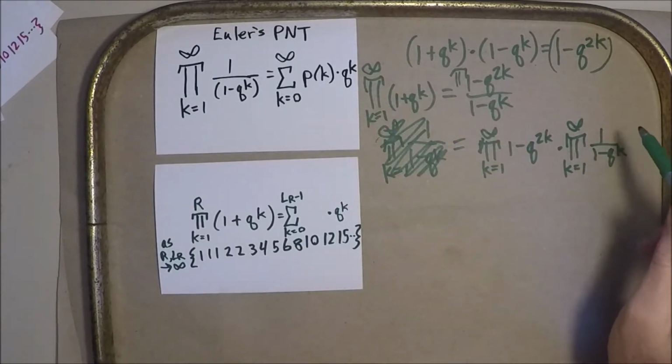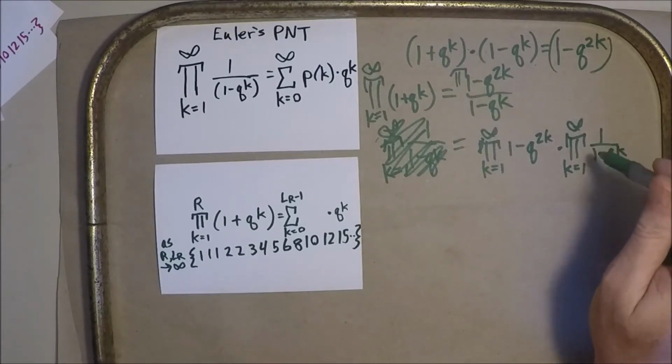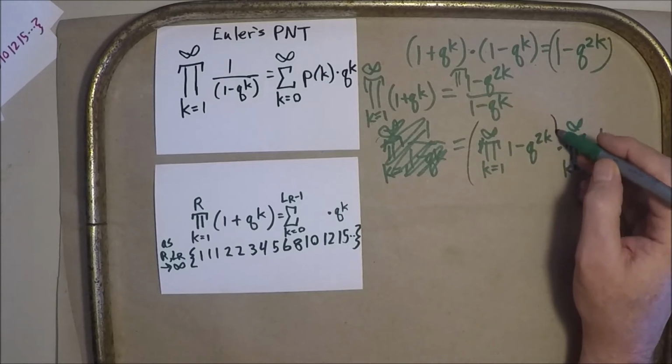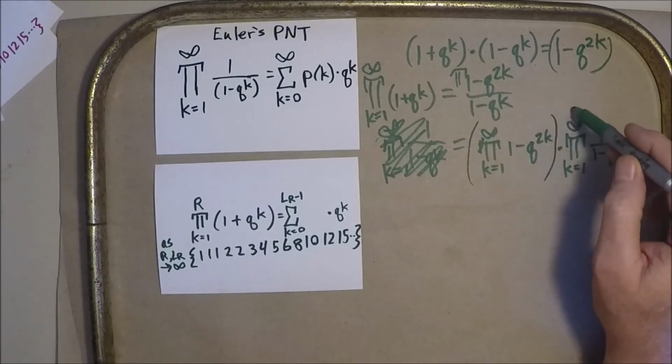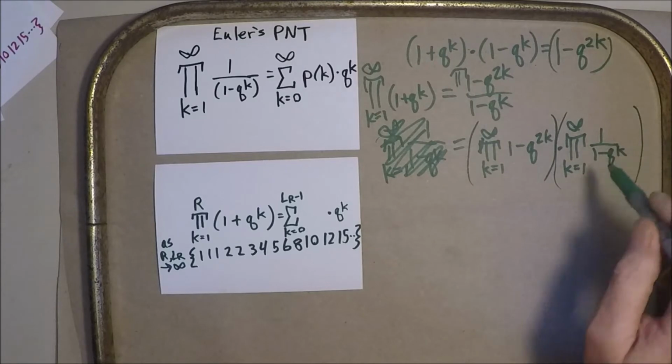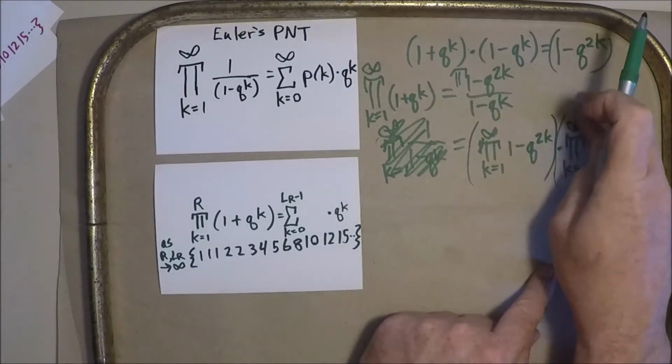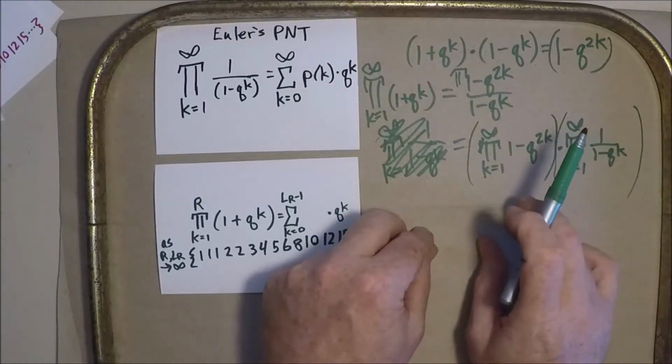In this case, we want to do it for this one right here. We're going to leave this term as is, and split this one into a product over k, the natural numbers, but in two sets.